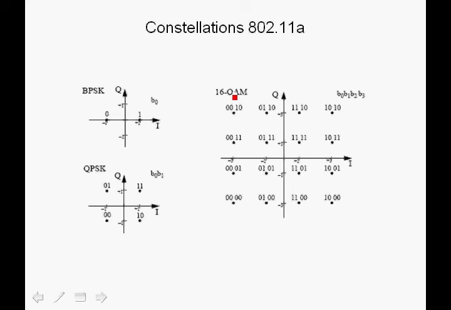We also have 16 QAM, in which we have 16 possible symbols in the constellation, which can be represented by 4 bits, which are shown over here. So here we achieve a higher throughput than in the case of QPSK, but we require a higher signal-to-noise ratio since the points in the constellation are closer to each other.